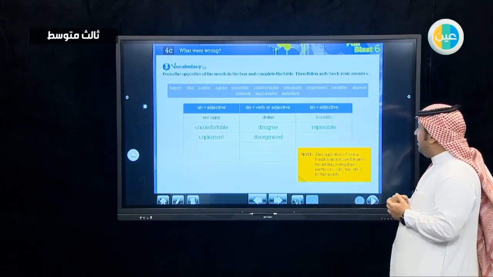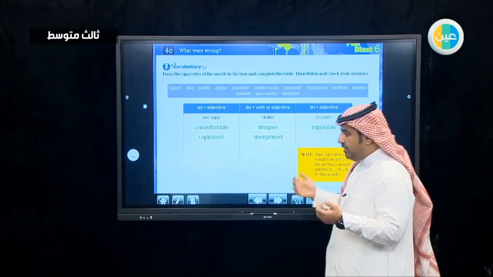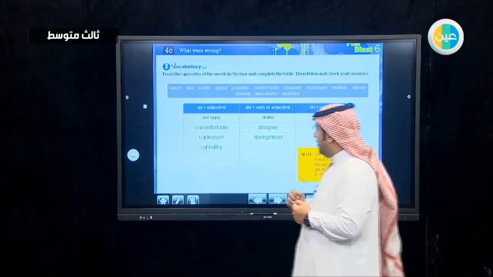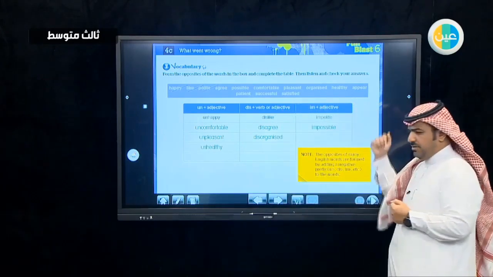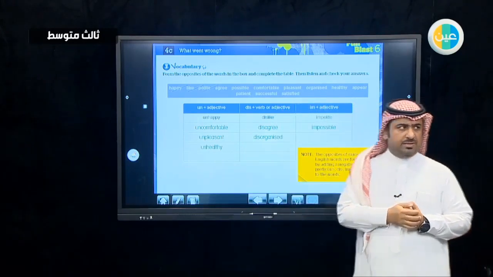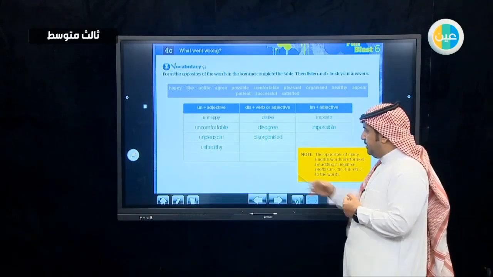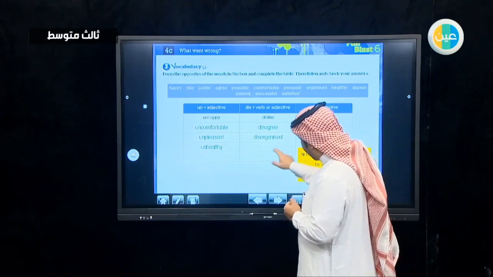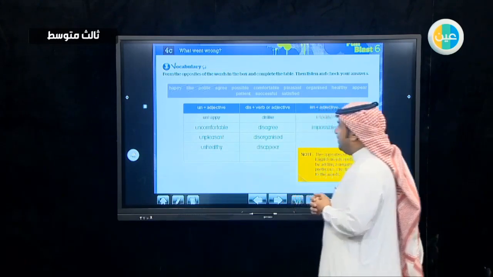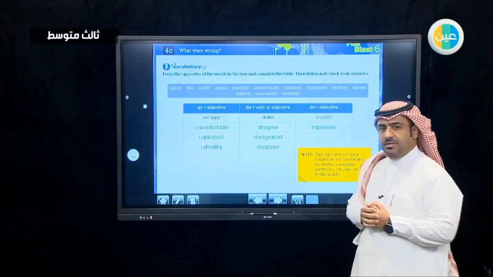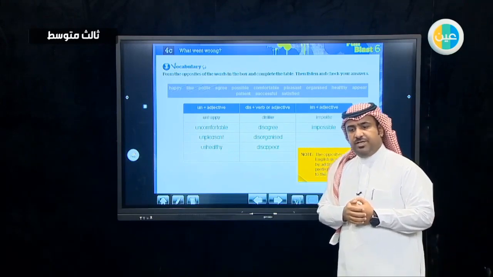Healthy, in a good health. Unhealthy. What about appear? Appear, as you know, is a verb. So what is the opposite of it? Disappear. What about patient? What is the opposite of patient?